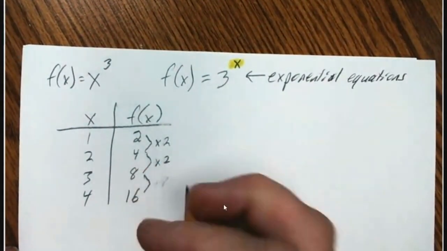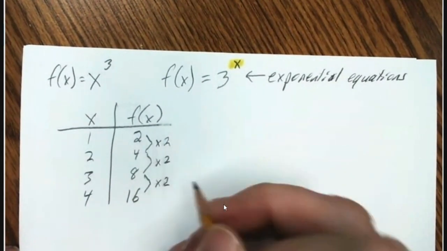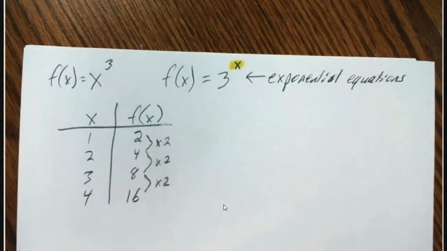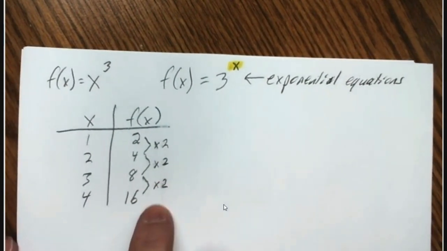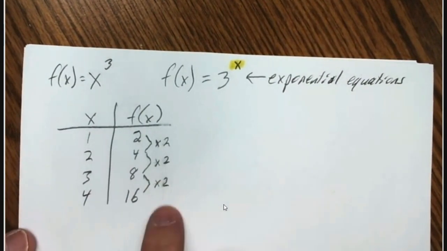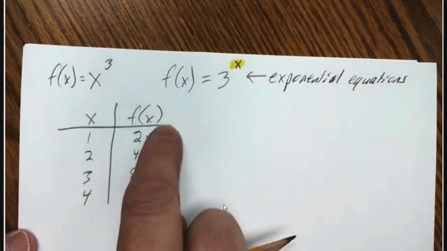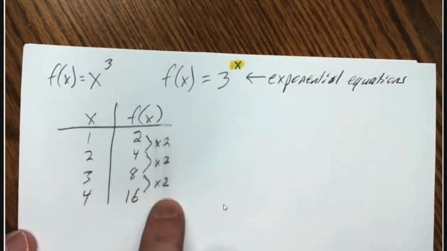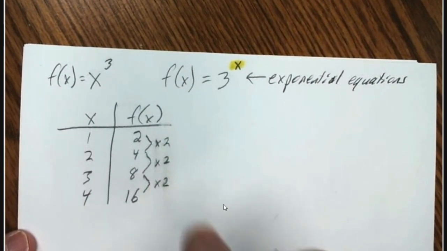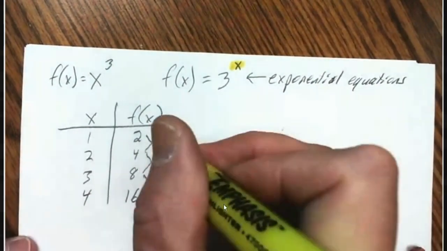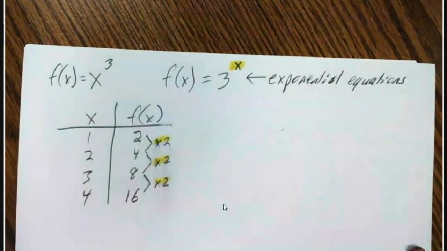Going from 8 to 16, that's multiplying times 2. So this is very consistent. It's not consistent in how much it adds or subtracts. It's consistent in that it's multiplying by 2 each time. So we could say this is actually an exponential equation because this is consistent. Since these are all times 2, this is an exponential equation.